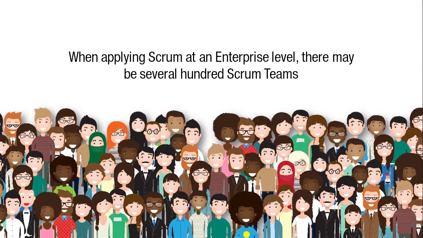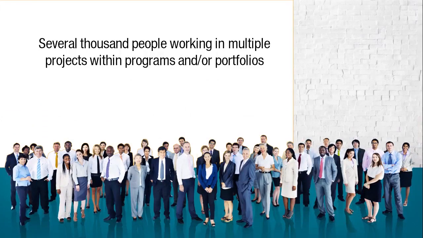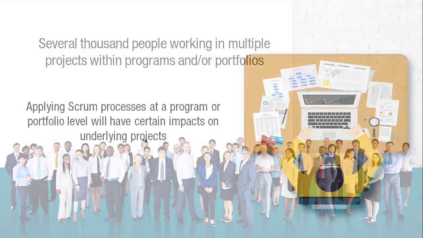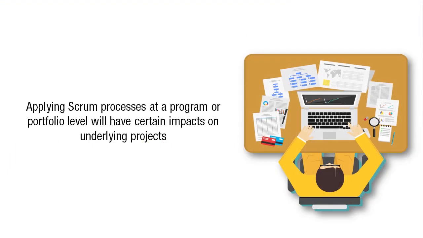When applying Scrum at an enterprise level, such as to a program or portfolio, there may be several hundred Scrum teams with several thousand people working on multiple projects within programs and/or portfolios throughout the organization. Applying Scrum at a program or portfolio level will have certain impacts to the underlying projects.